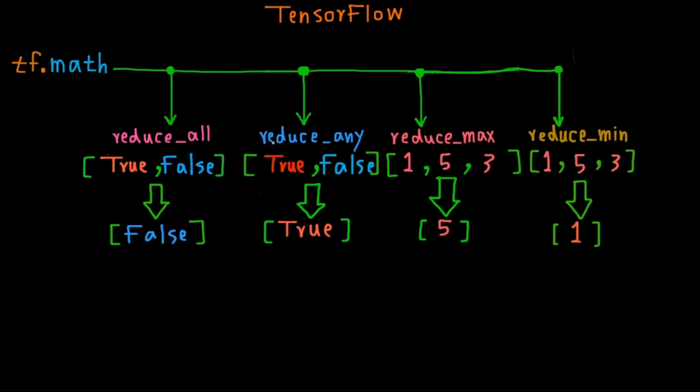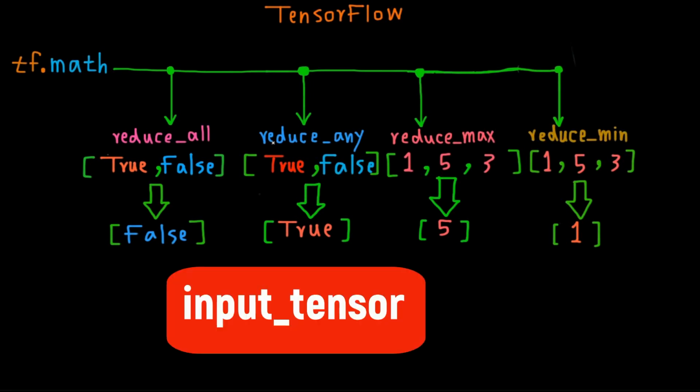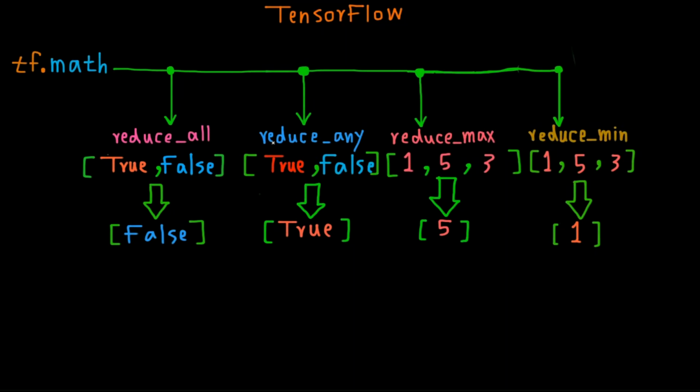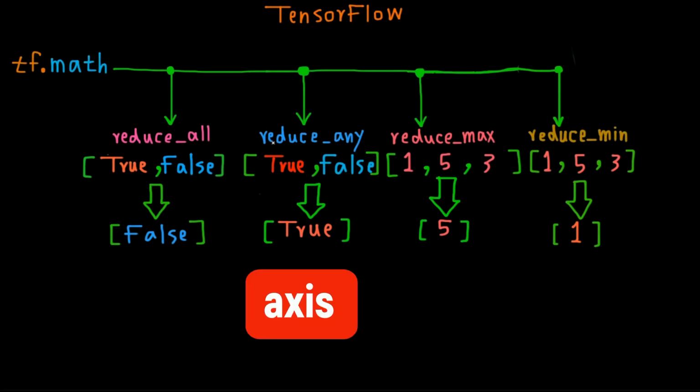The reduce all function has a bunch of arguments. The first one is input tensor, which is a Boolean tensor to reduce, while the second one is axis. If axis equals none, which is the default value of the axis argument, the reduce all function will reduce all dimensions.